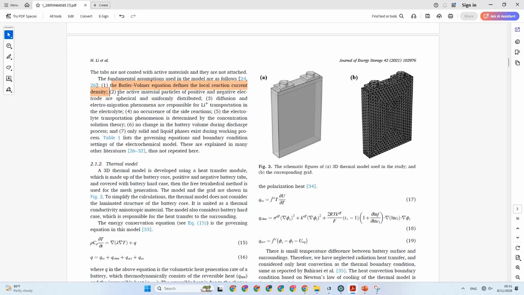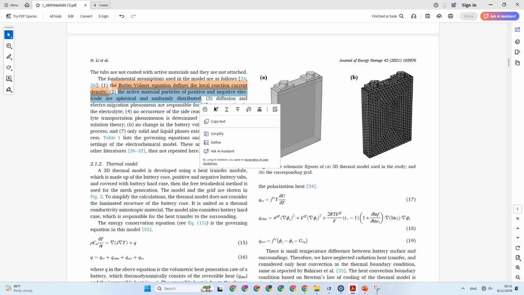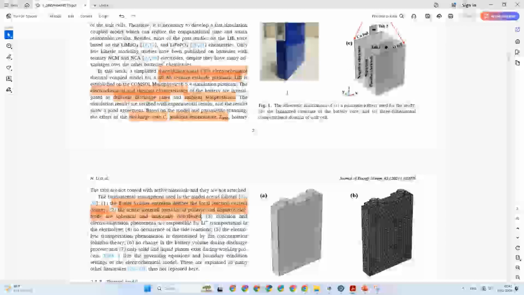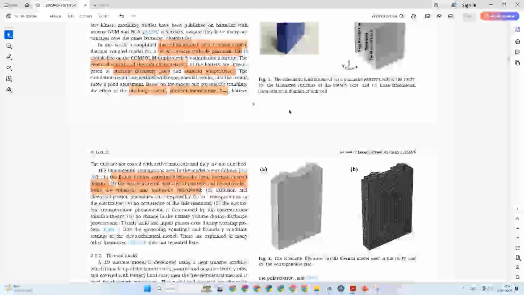The active material particles in positive and negative electrodes are spherical and uniformly distributed. But here I can't see any particle. Maybe it is just an assumption. I don't know.